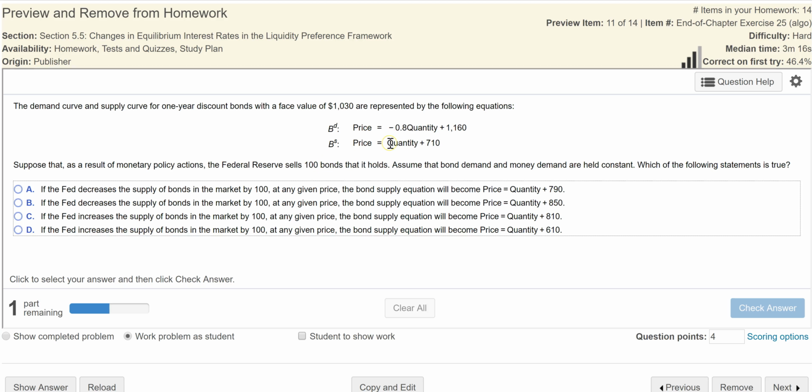So how can you have an expression for quantity? It's very simple. Based on this supply equation, you can just move this 710 to the other side, and then quantity will equal price minus 710.